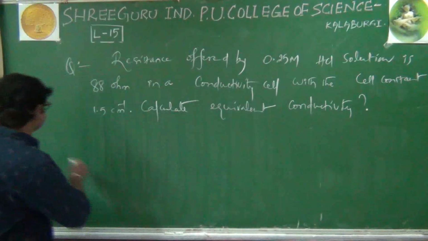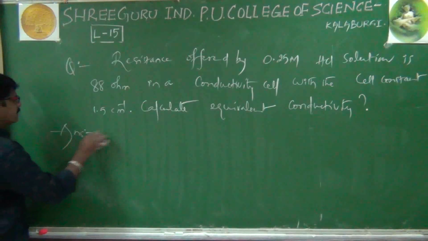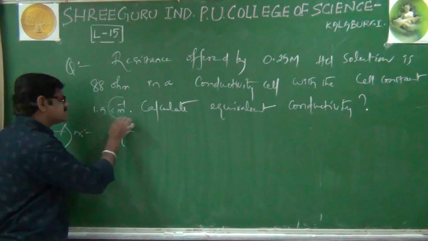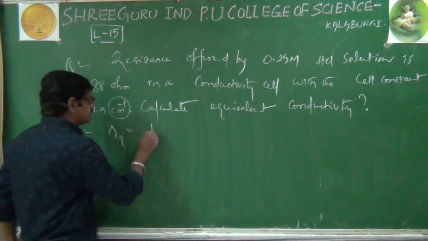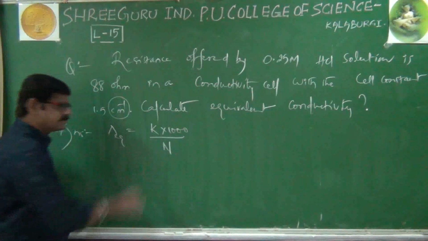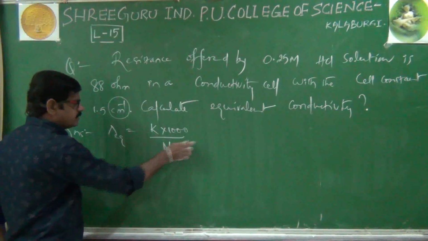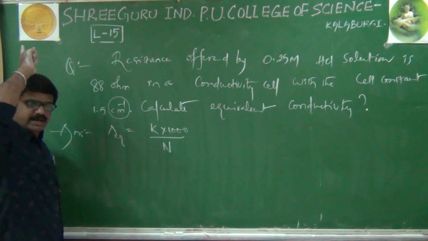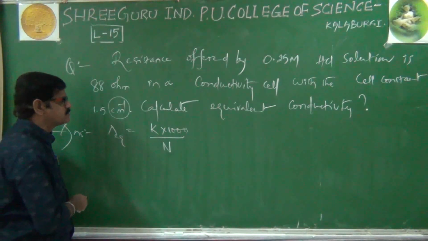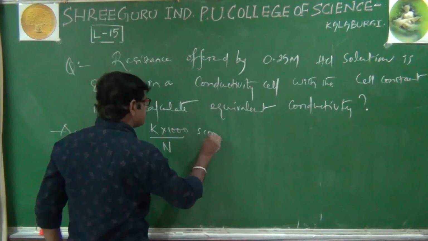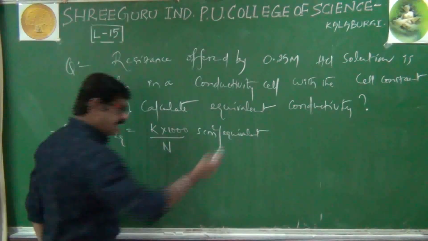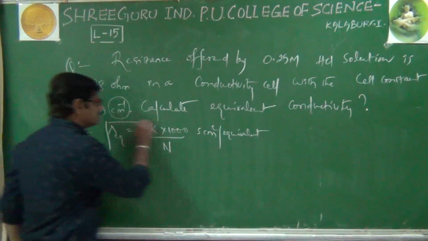Therefore, first we will write its related formula. Lambda equivalent conductance is equal to, in the CGS system only we have to write, K into 1000 divided by N, for normality. In molar conductivity, molarity is used; in equivalent conductivity, the normality term is used, and the units are Siemens centimeter square per equivalent, or of course gram equivalent, doesn't matter. This is our formula.